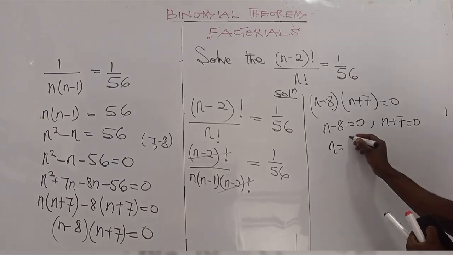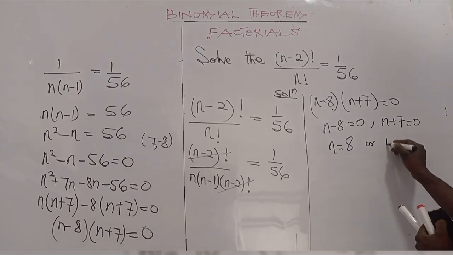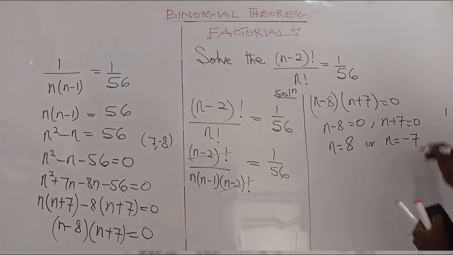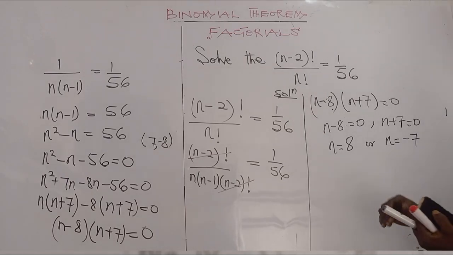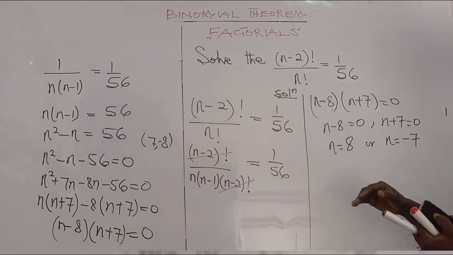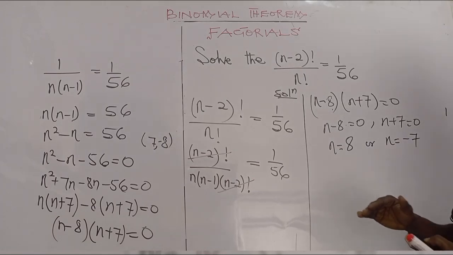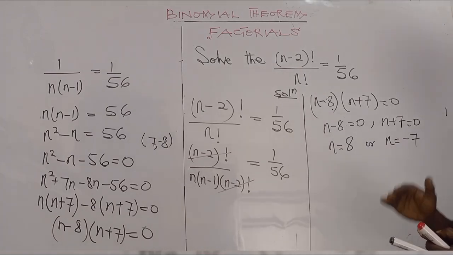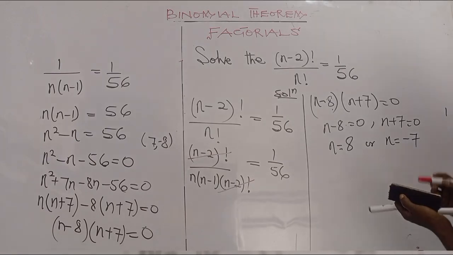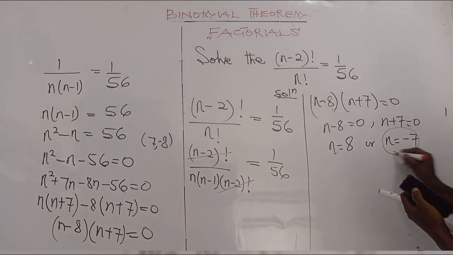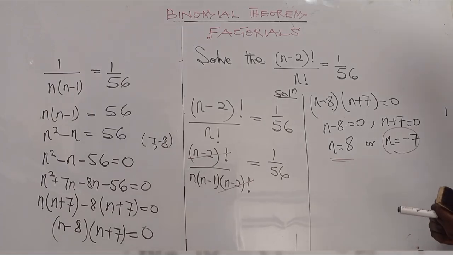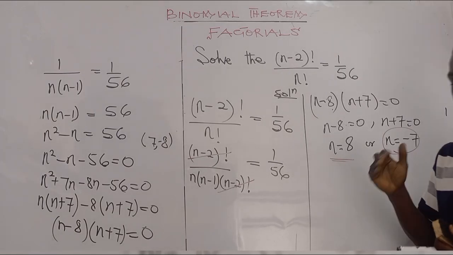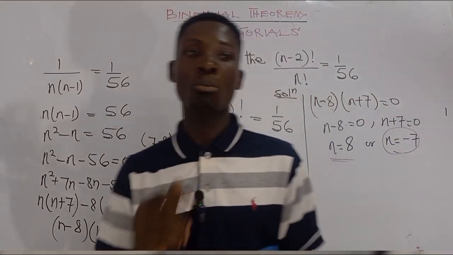We can have our n is equal to 8 or our n is equal to negative 7. So we have two solutions. But remember that factorial is defined only for natural numbers or only positive numbers. Therefore, since this number is negative, we will be going for n is equal to 8, as easy as A, B, C, D. Let's take one more example.